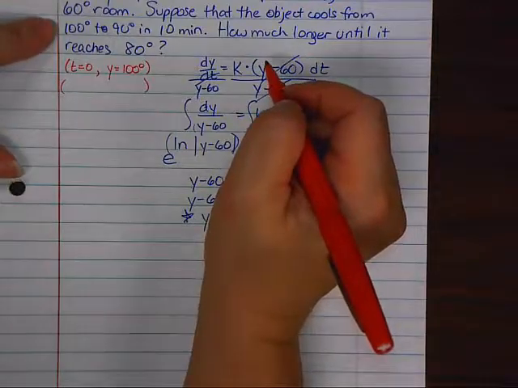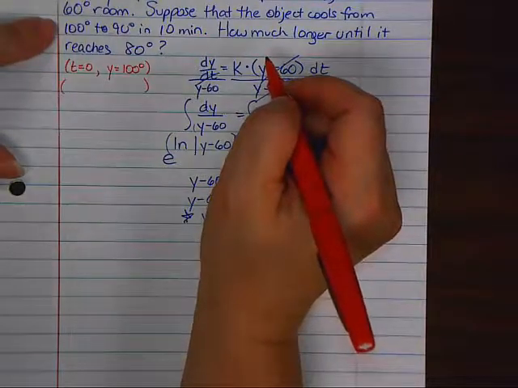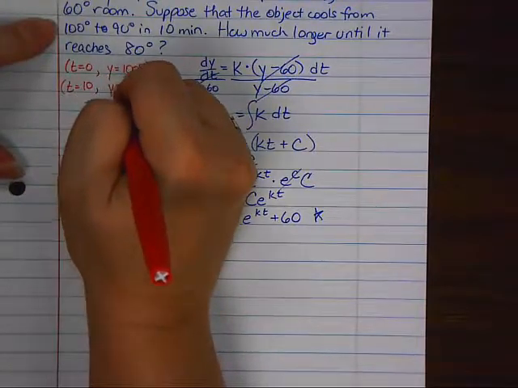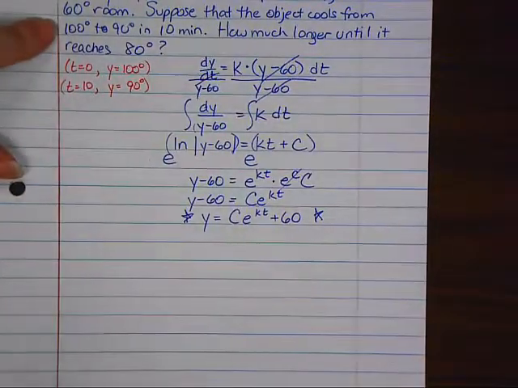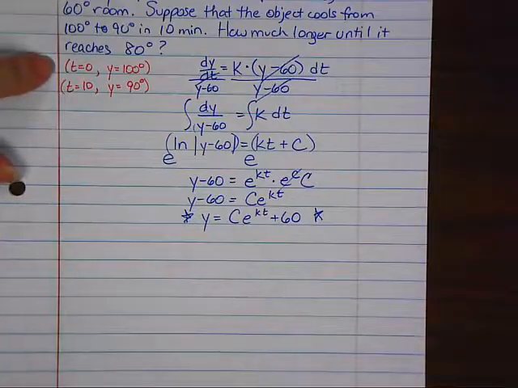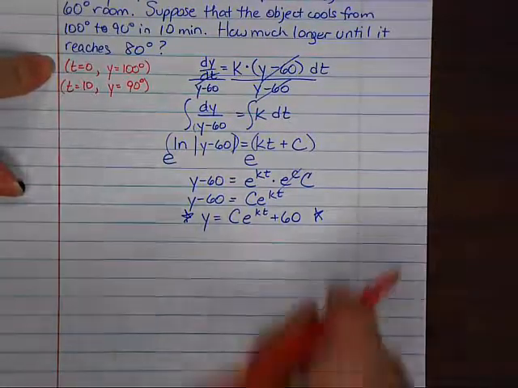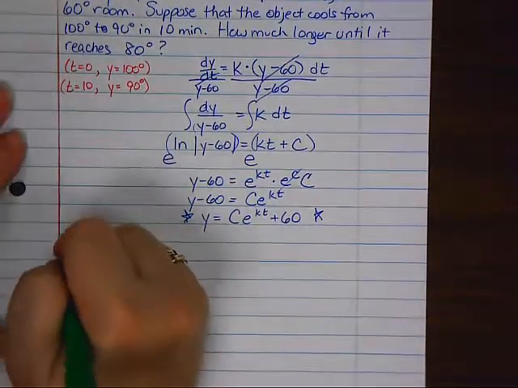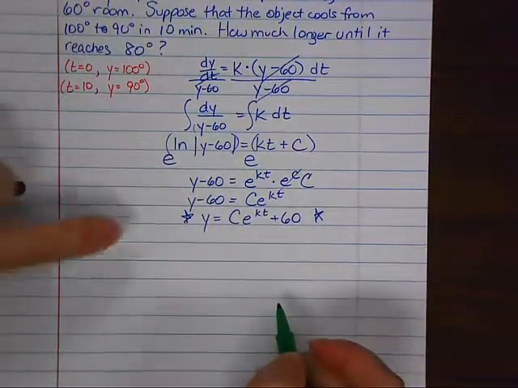What would the second ordered pair be? t equals what? 10. y equals 90 degrees. Agreed? I have my t equals 0. That's the one I want to plug in first because it gives me nice numbers. Zero, 100 gets plugged in first.